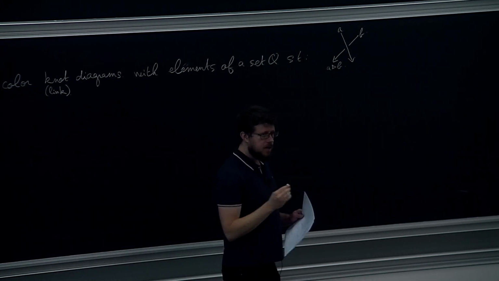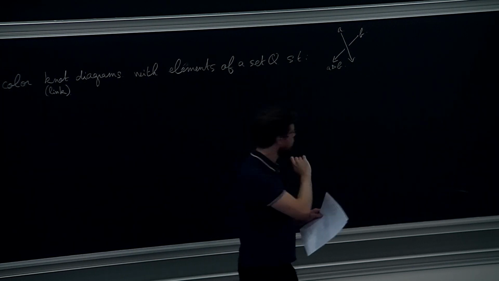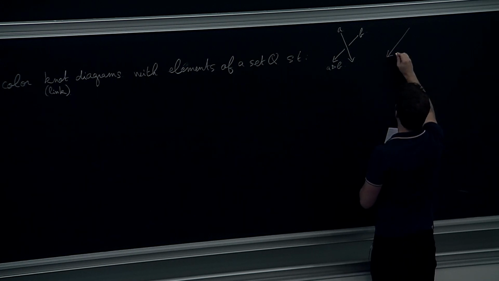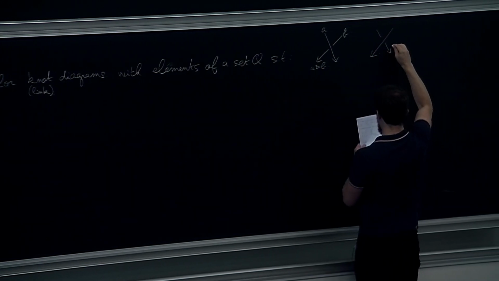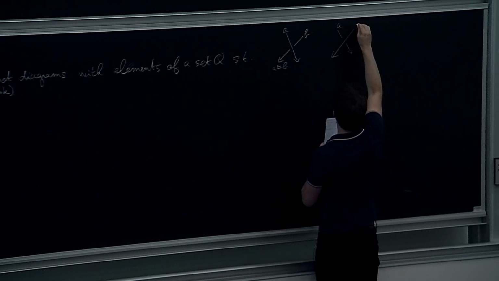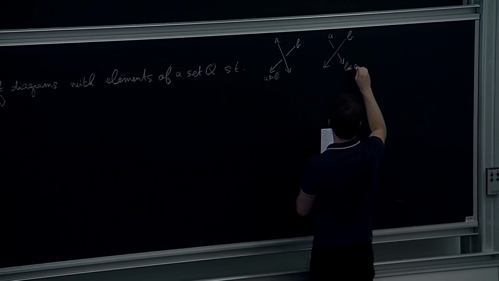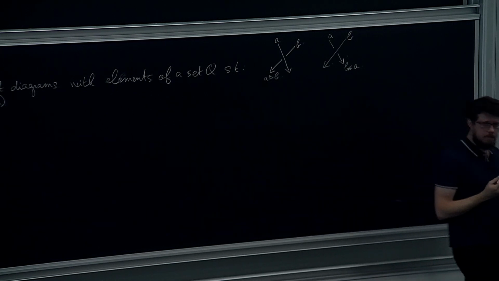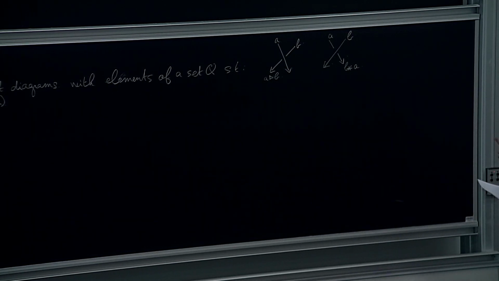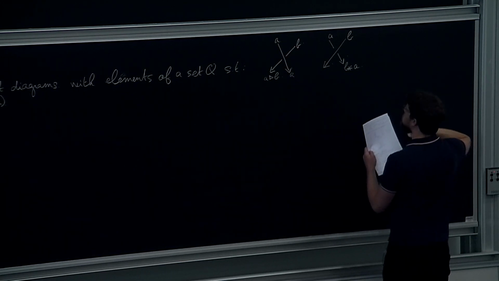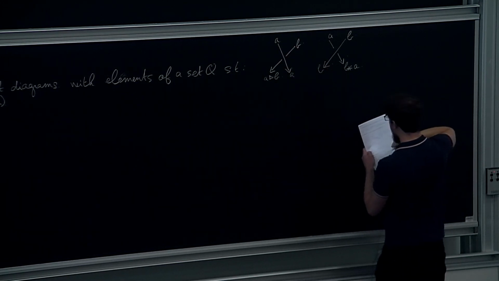My knots and links are oriented. And since they are oriented, there is another type of crossing. And if I have something like that, then here I have another thing depending on A and B. And so here this stays the same, and here too.